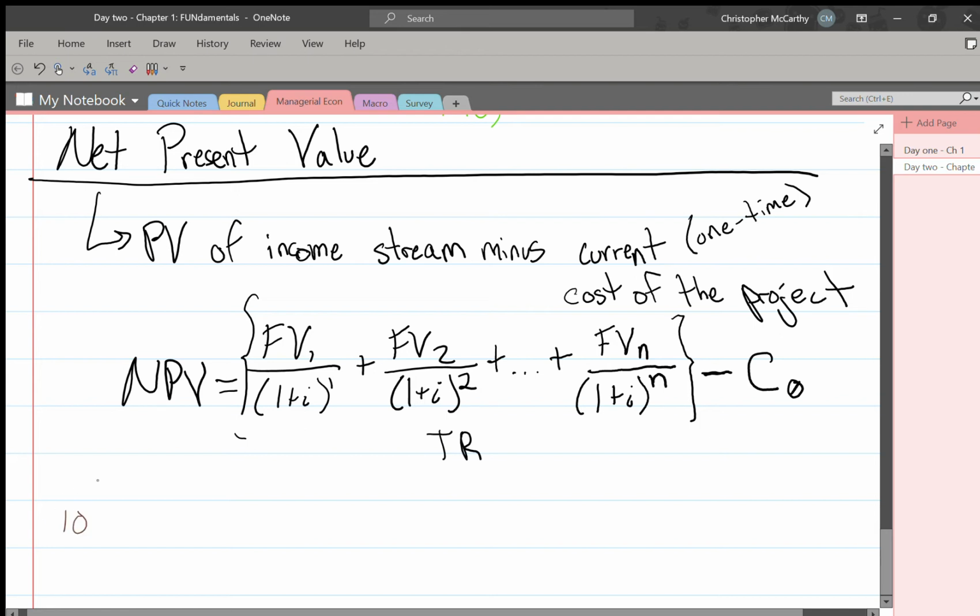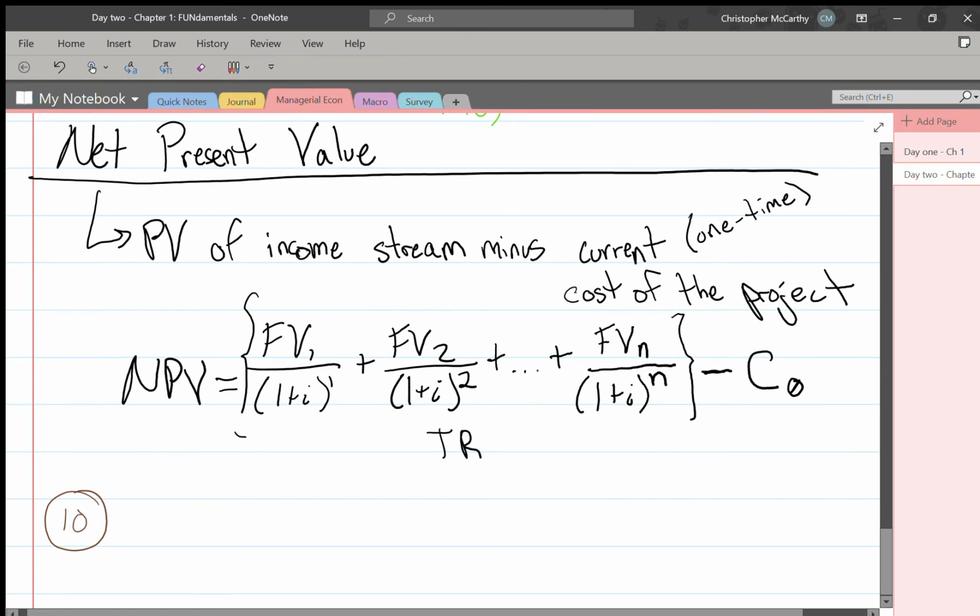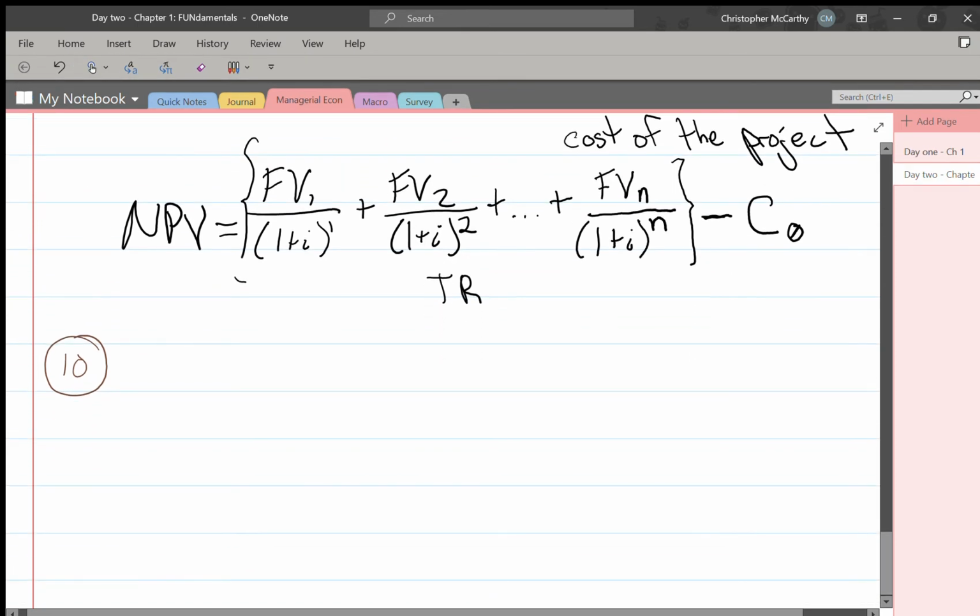And so we're told in number 10 that an owner can lease her building for $150,000 per year for all 3 years. So there's a potential revenue for the building of $150,000 every year for 3 years.